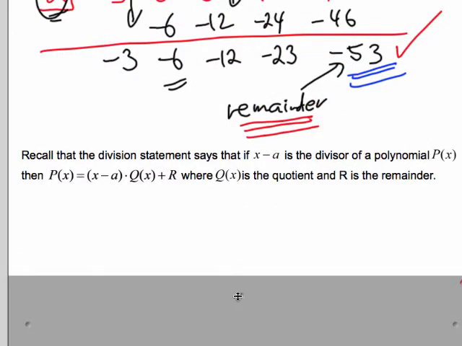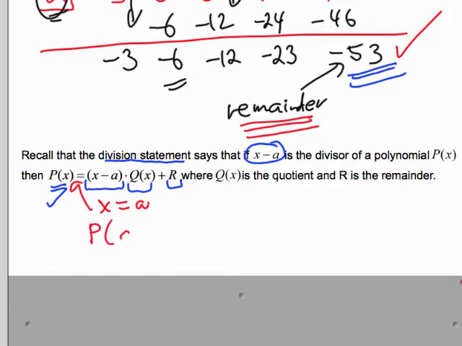So what I'm going to do is go back to my division statement, which remember says that your polynomial is equal to your divisor, which in this case we're talking as x minus a, times your quotient plus your remainder gives you your original polynomial. Okay, that's our division statement. Now I want you to watch what happens when I plug x equals a into the division statement.